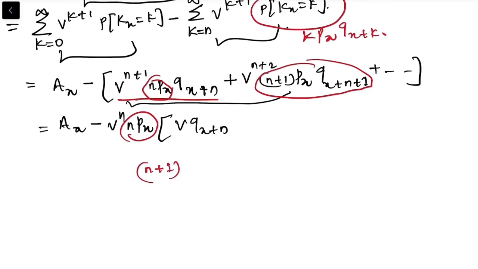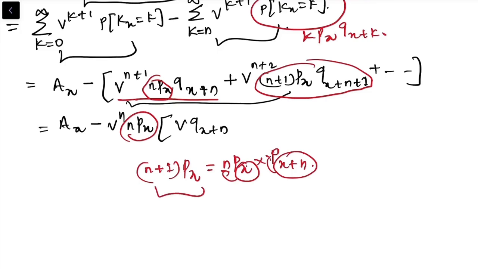Let's see how we can break this term. So this is n+1px. Can we write from the principle of consistency npx times p_(x+n), right? The person's age is x, will survive for n years, and then again the person's age is x plus n, and will survive for one more year, right? This is the same.